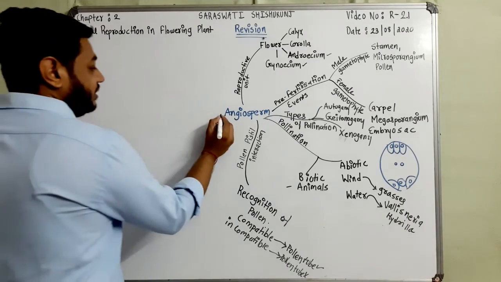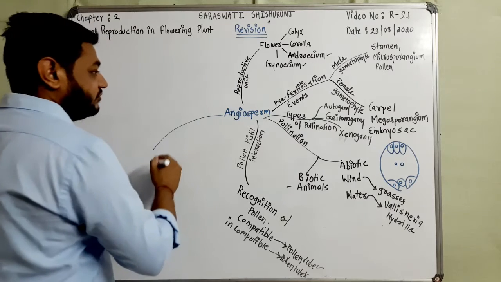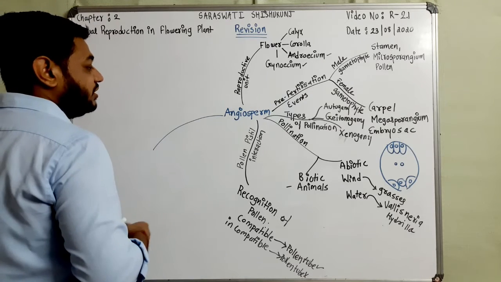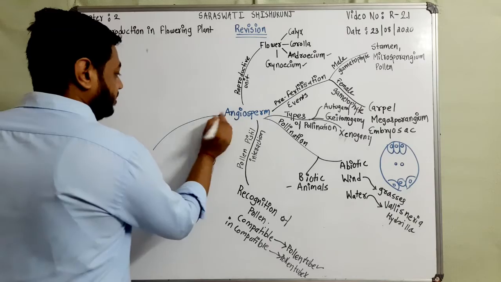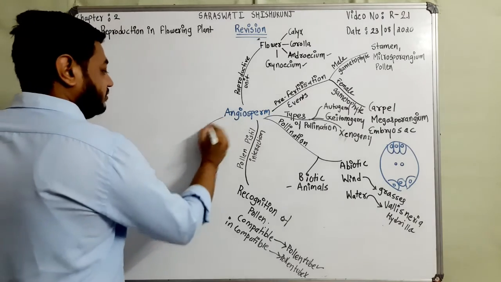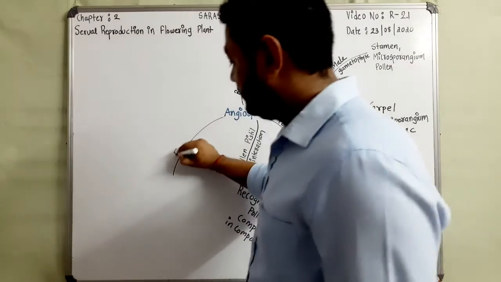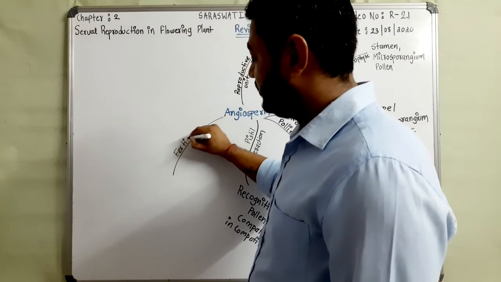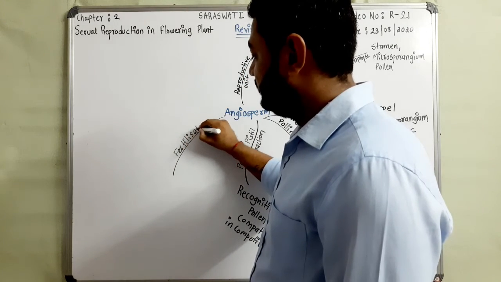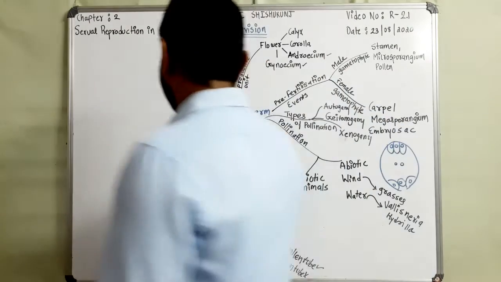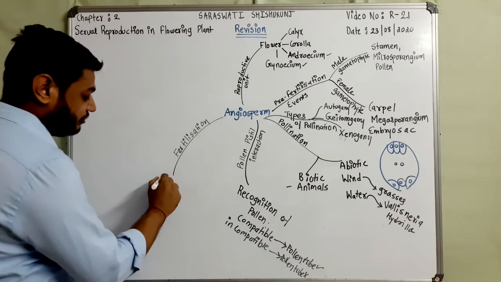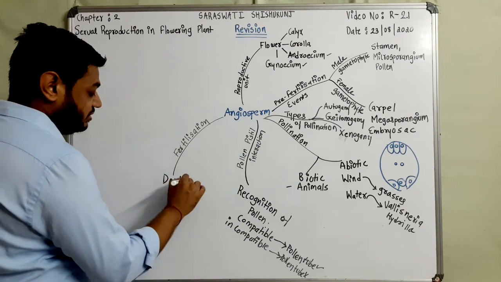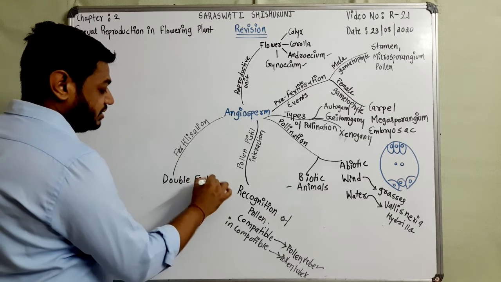Now the next part is fertilization events. You know that when fertilization occurs, first there is double fertilization, right?